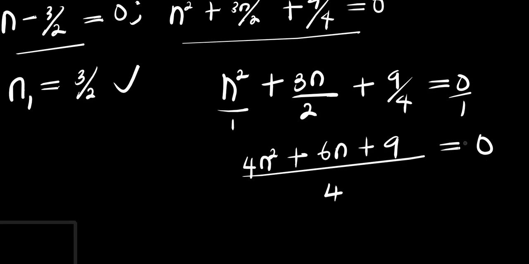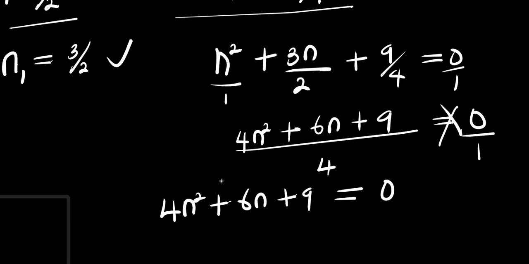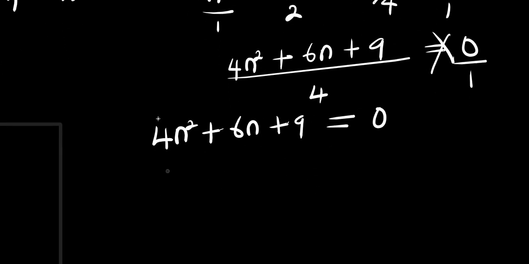Right? So we can cross multiply. So the whole of this will multiply 1, which will be 4n squared plus 6n plus 9 equals 4 times 0, that is 0.